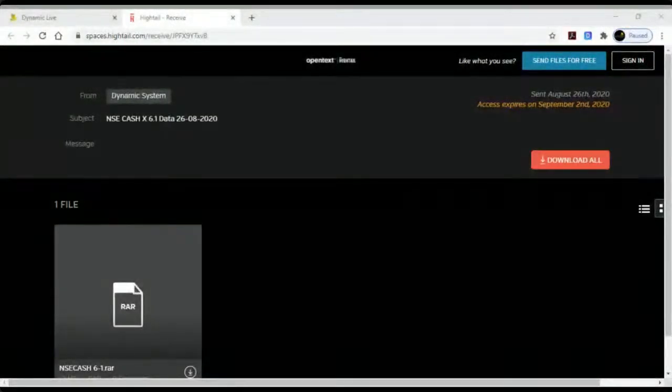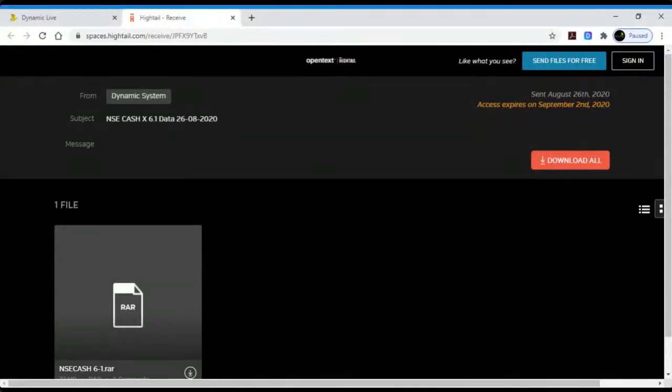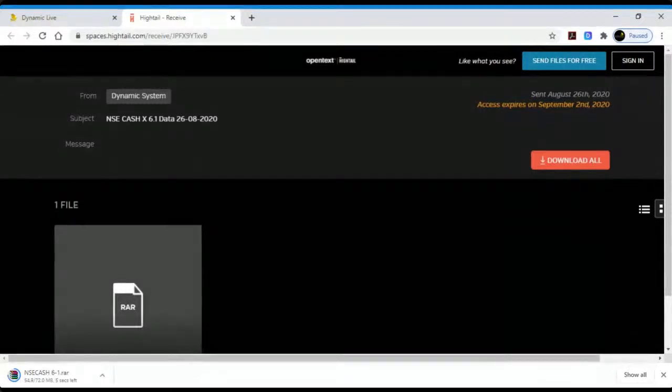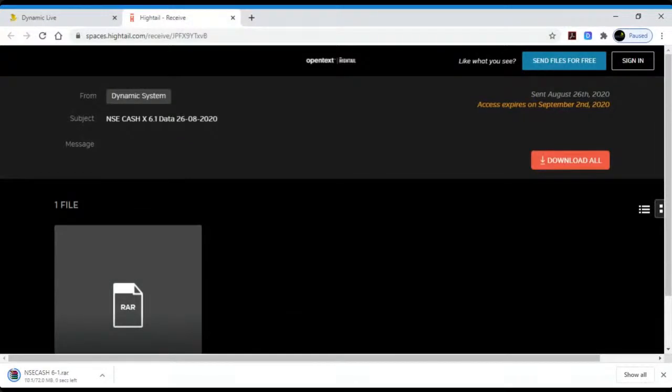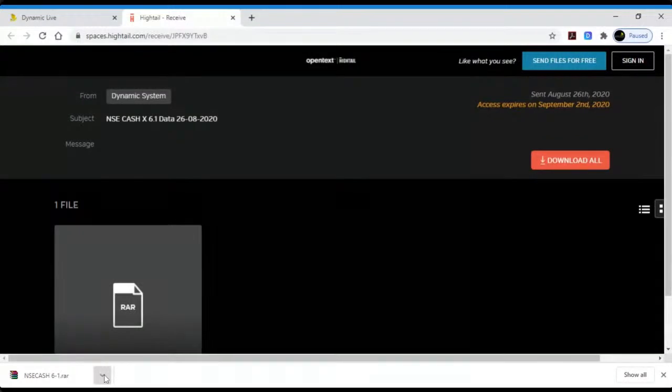Now it is asking me where to save the file I'm downloading. Normally my habit is to save it on the desktop, so it is not confusing to find it. Once it gets downloaded, you can see at the bottom of the browser an option to find it in the folder: Show in folder.